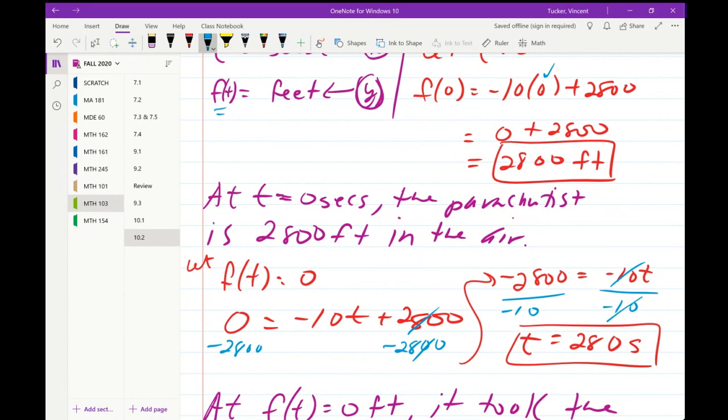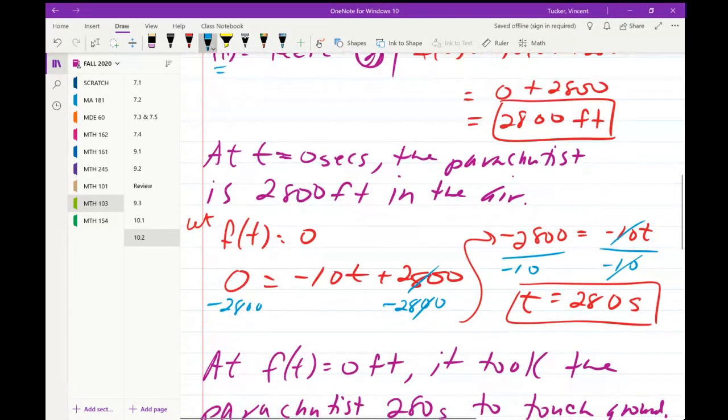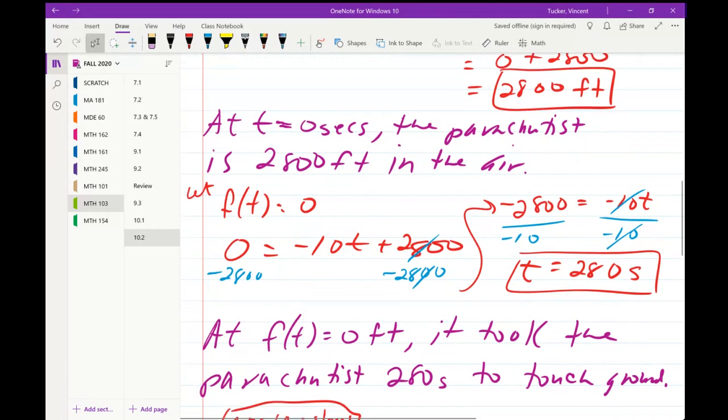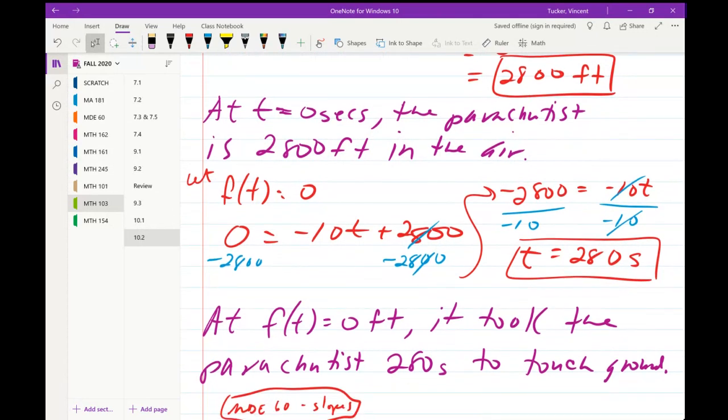So f of t is your feet. So when your feet is at 0, remember we were talking about the last part of this problem, 2,800 feet in the air. So if your feet is at 0, that means the parachutist has touched the ground.